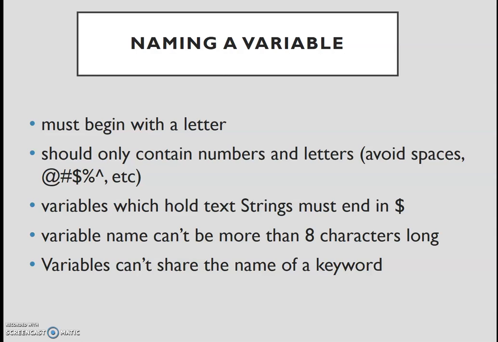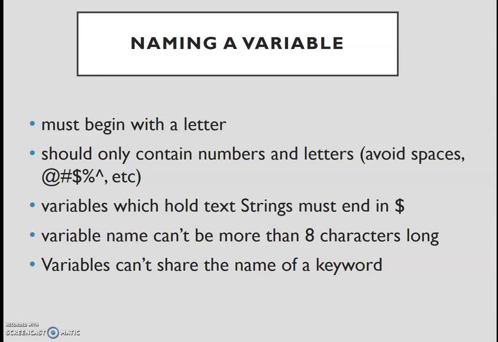They have to contain only letters. It can't contain special characters. It can contain a letter and end with a number so that if, let's say, I had variables that were relatively the same, I could differentiate one number from another number. Variables which hold text strings must end in a $ sign, and that's included in the length of my variable name, which has to be 8 characters.